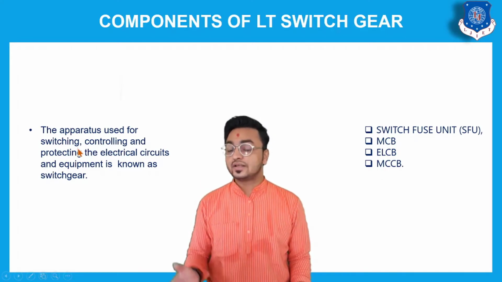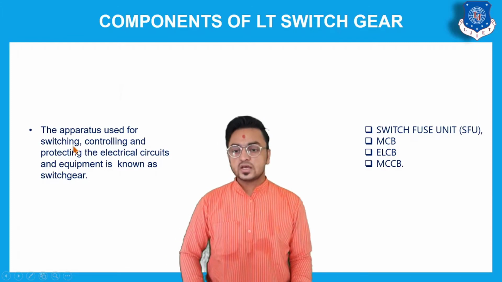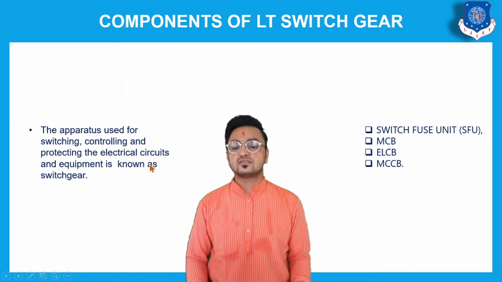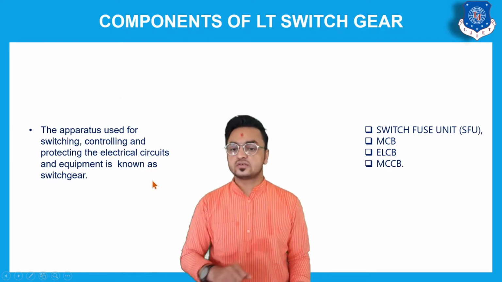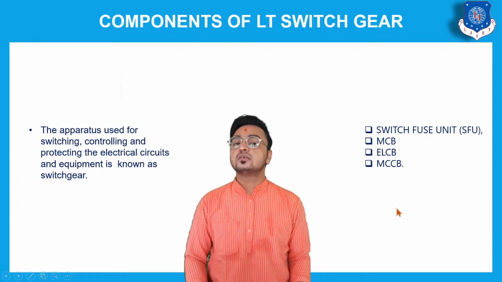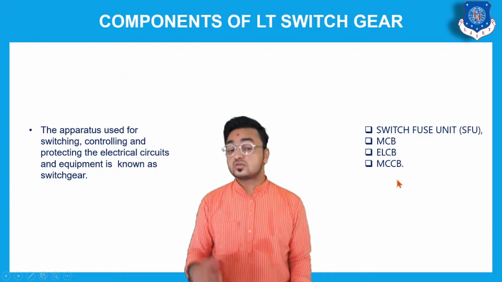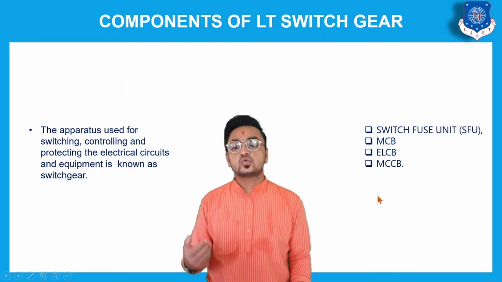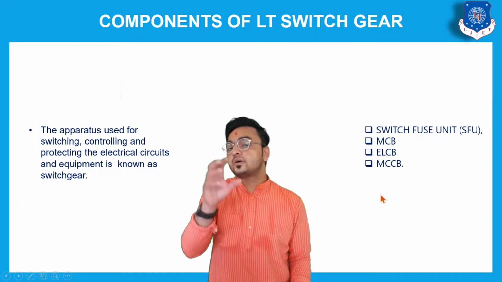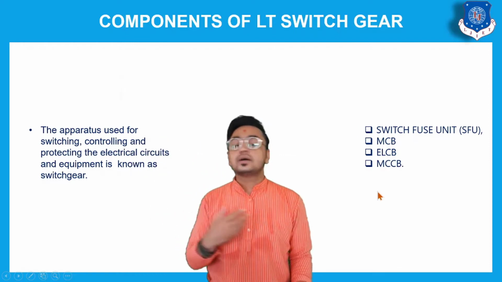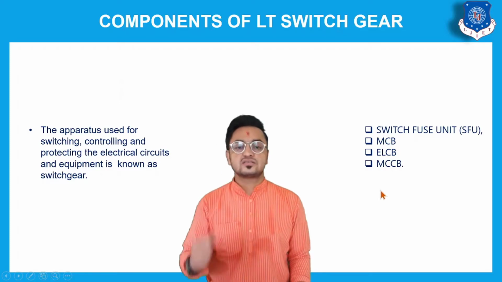The apparatus used for switching, controlling, and protecting the electrical circuit and the equipment is known as switchgear. Basically, these are devices used for protection or for switching of some particular electrical equipment, electrical system or circuit.